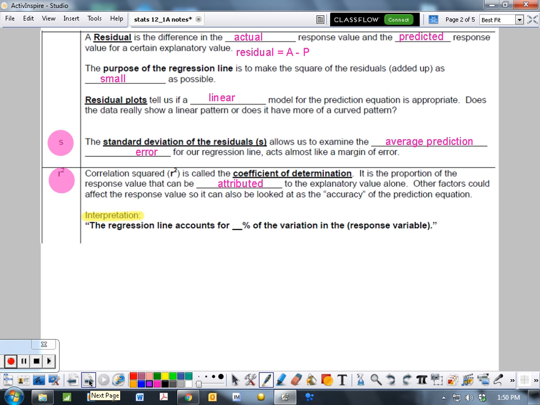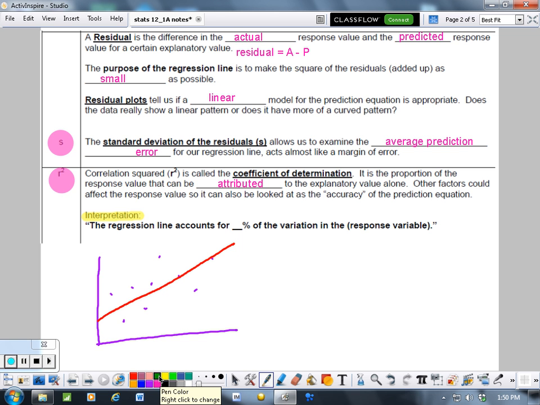Other words. Residual: the difference between the actual response value and the predicted response value for a certain explanatory variable. If we were graphing here, and here's our scatter plot, and then we have a line of best fit like this, our residual is the difference between this actual value here and what we predicted right here.